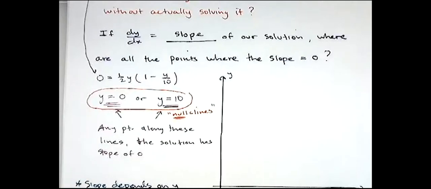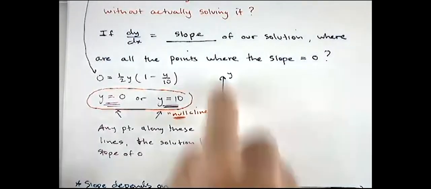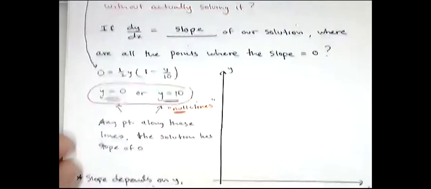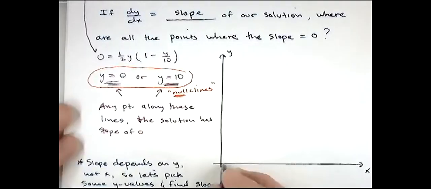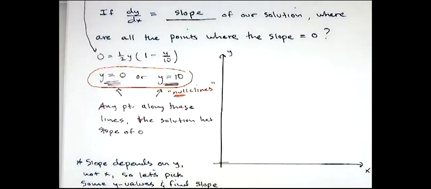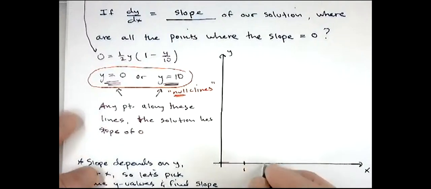And so here's what I know. If I'm going to sketch my solution curve, I've got some axes right here. y equals 0 is the x-axis, so I know. Oh, and let me give this some points here. Let's go like 1, 2, 3, 4, and so forth.